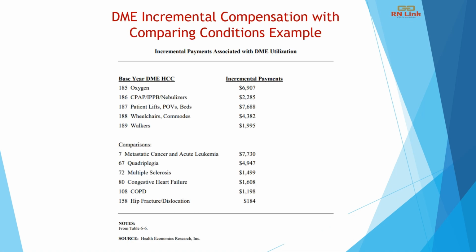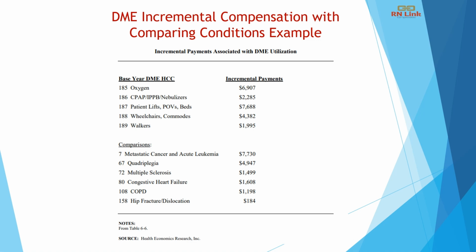DME incremental compensation with comparing conditions example. Incremental payments associated with DME utilization. Base year DME HCC. Oxygen has incremental payment of $6,907. CPAP/IPPV/nebulizers has incremental payment of $2,285.